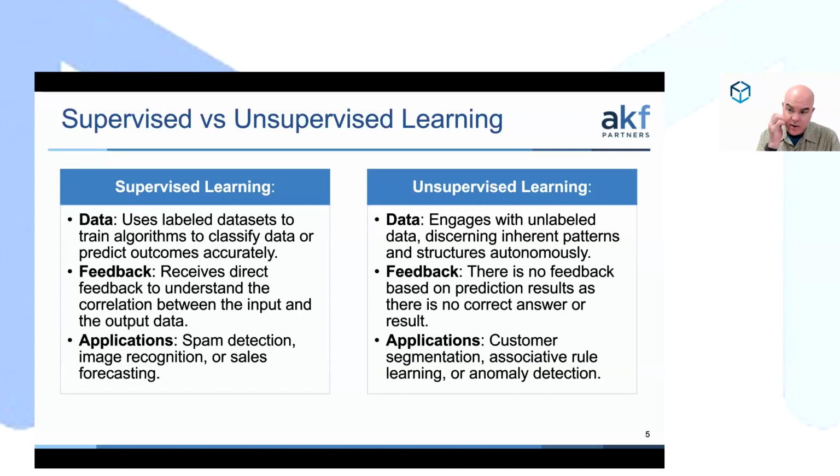And so a good example here can be customer segmentation. So we throw all our customers in, we throw a whole bunch of attributes about our customers in and set it to work. And what we're hoping is that the model can begin to find correlations between attributes of the customers that segment them.